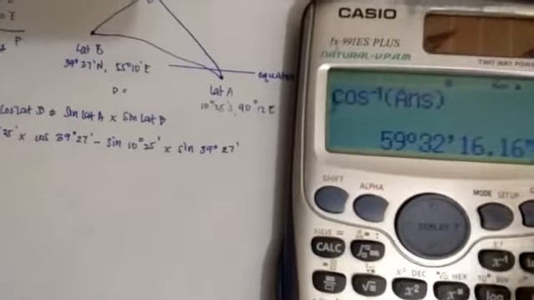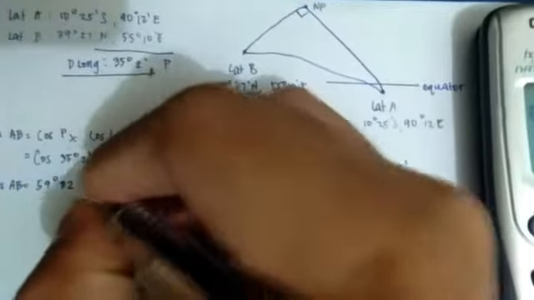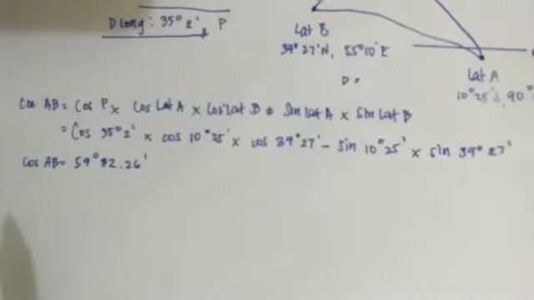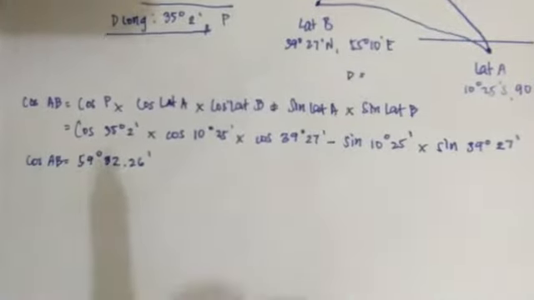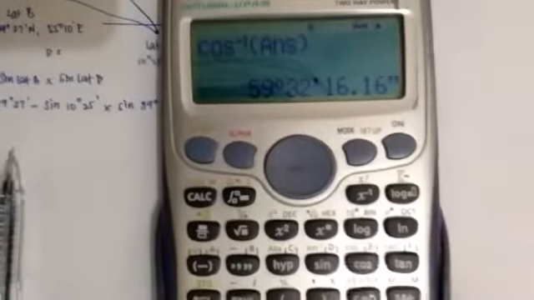We will get 59 degrees 32.26 minutes, and that would be the degrees from latitude A to latitude B. To find the distance, we just need to multiply it by 60.